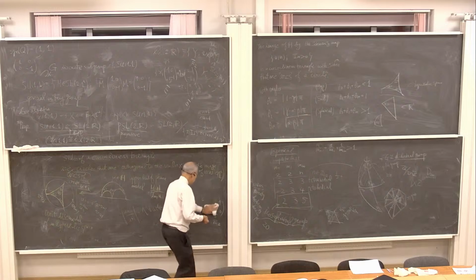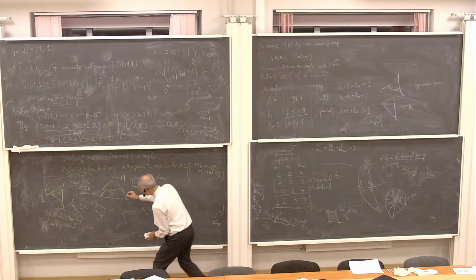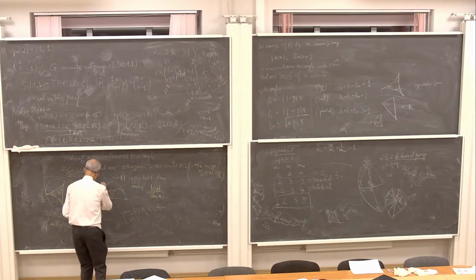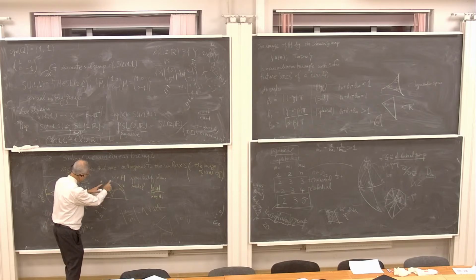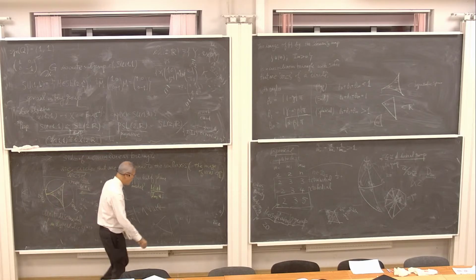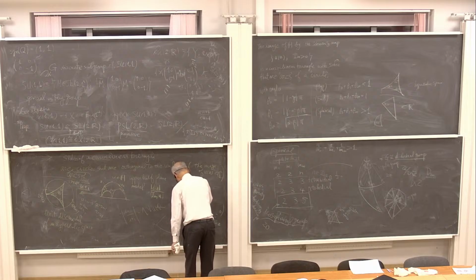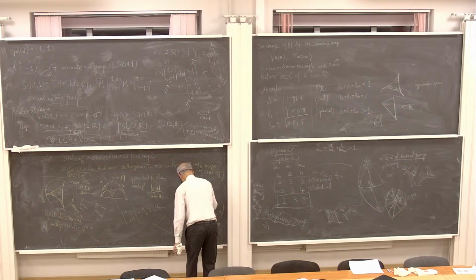So for two points, the distance is defined like a minimum over all curves gamma from U1 to U2 of this integral.